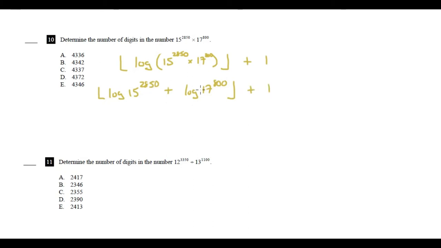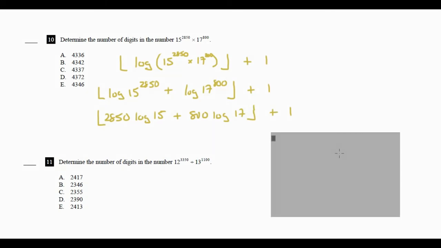Now, of course, I can't enter this into my calculator until I take advantage of the power property here. So this is going to be 2850 multiplied by log base 10 of 15 plus 800 multiplied by log base 10 of 17. Ignore the decimal on that and add 1, and you will have the correct number of digits.